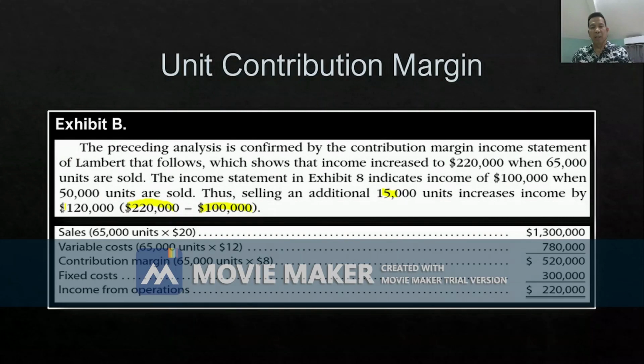Again, we have 65,000 times $20 equals $1,300,000.